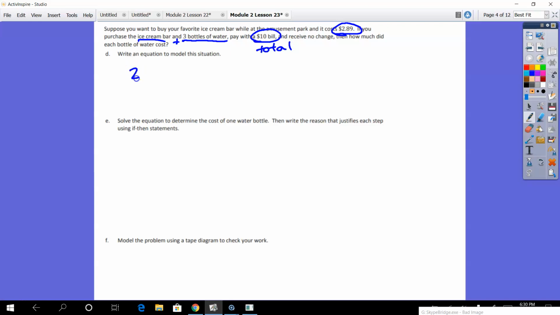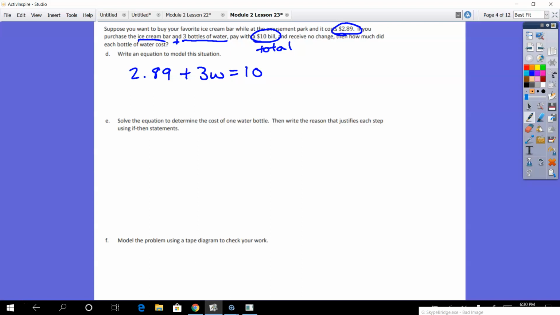Okay, so we know the ice cream was $2.89 plus 3 bottles of water. They're all going to cost the same amount. So 3 times the number of water bottles equals 10. Solve the equation to determine the cost of 1 water bottle, then write your steps to justify.